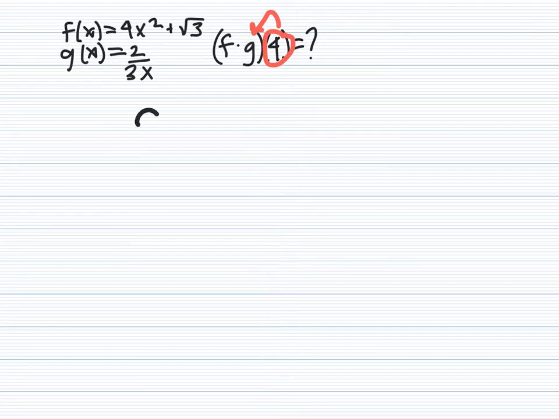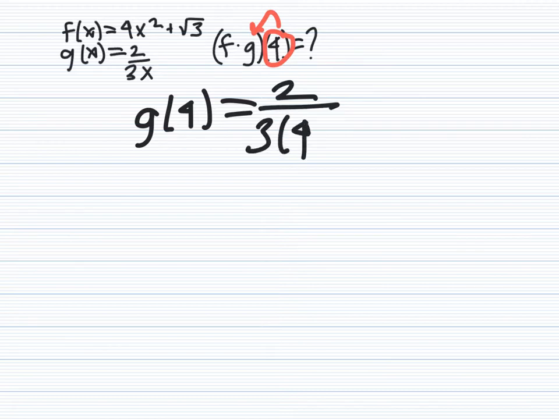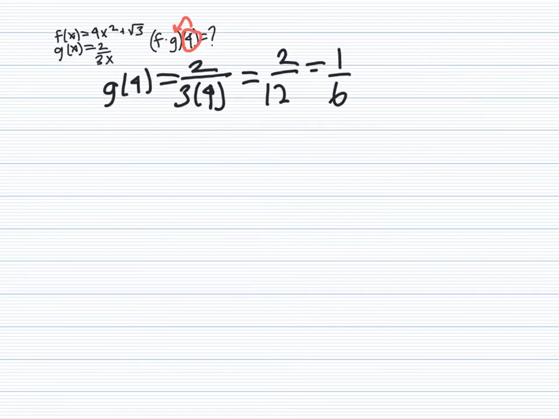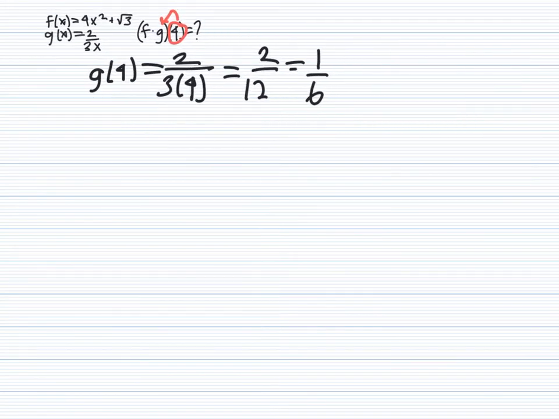So g of 4 equals 2 over 3 times 4, so that equals 2 over 12, and then finally 1/6. So you're then going to plug 1/6 into the f of x function.